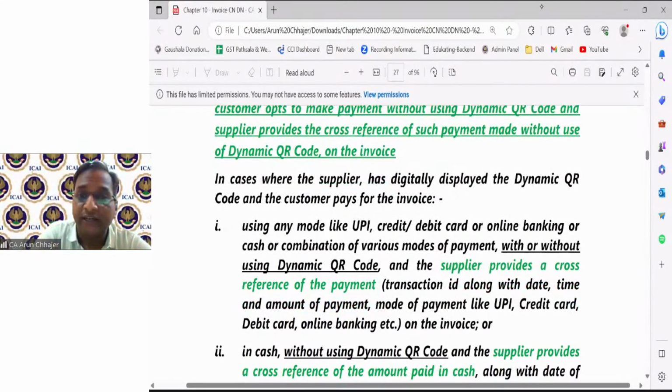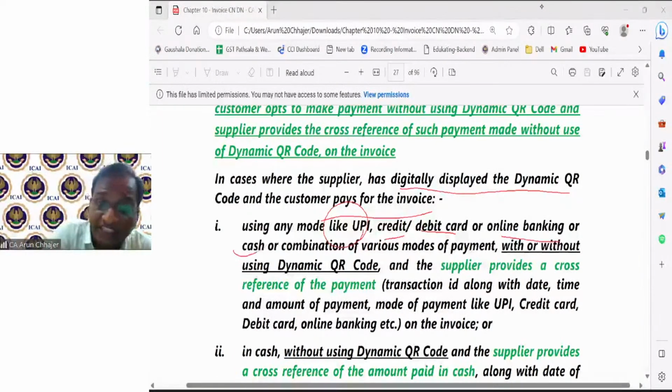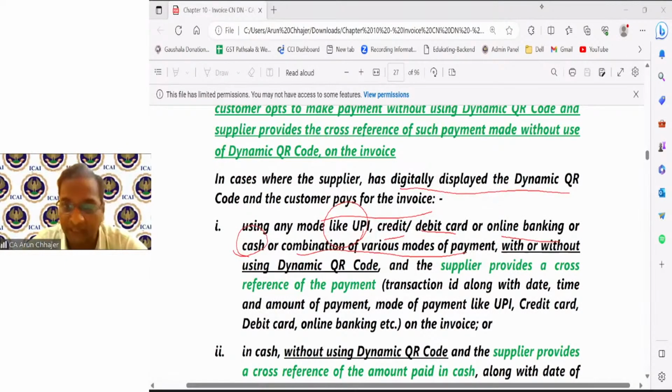Situation: where the supplier has digitally displayed the dynamic QR code and the customer pays for the invoice using UPI, credit card, debit card, online banking, or cash, or a combination of various modes of payment, with or without using the dynamic QR code.